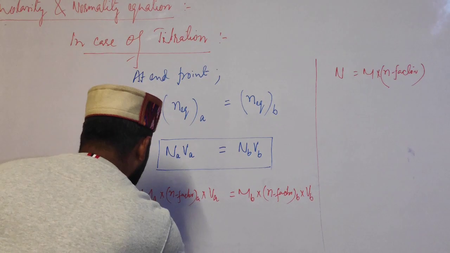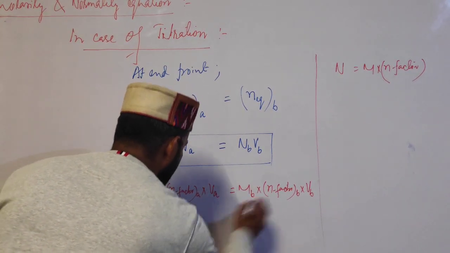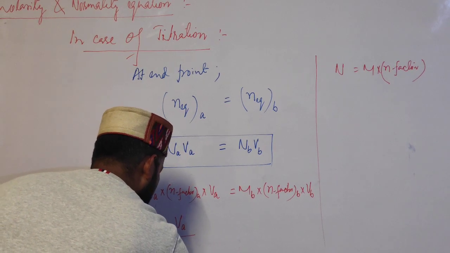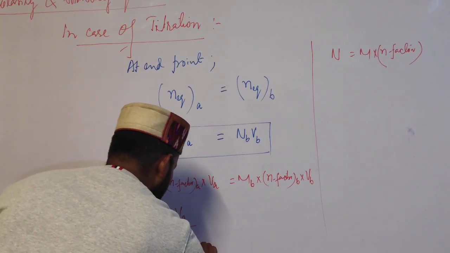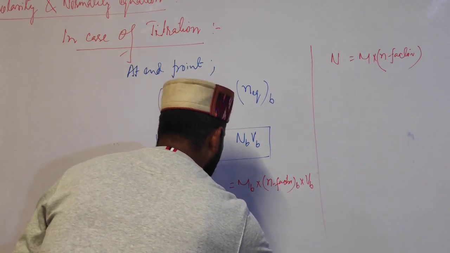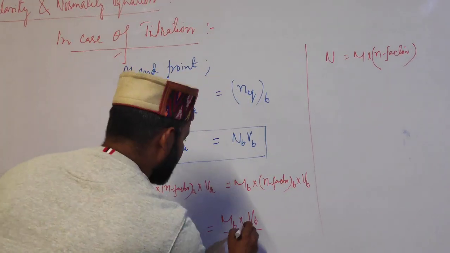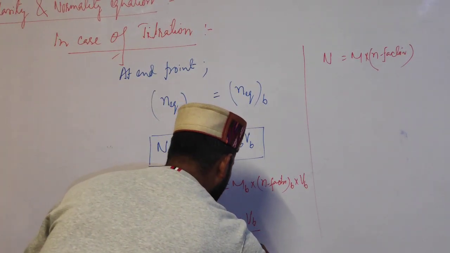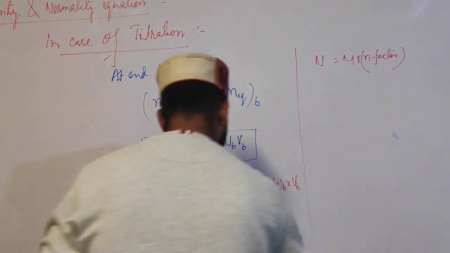So from this we write MaVa upon the valency factor of base, and it is equal to molarity of base into volume of base upon the n factor, that is valency factor, of acid.